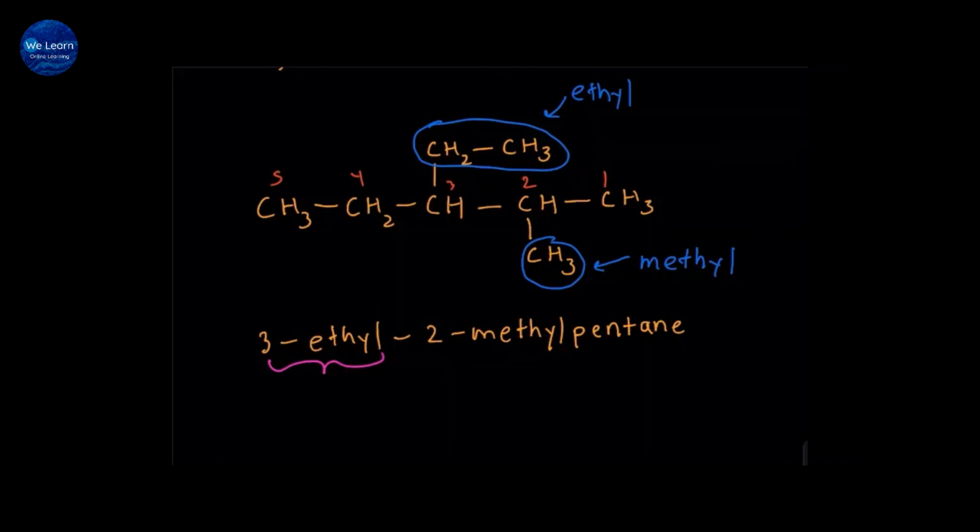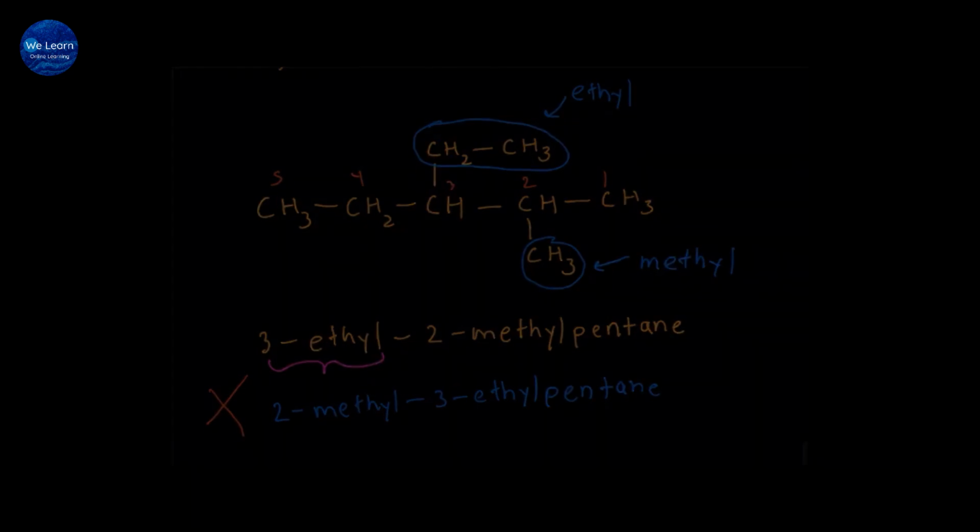When we have multiple prefixes, we want to order them alphabetically. So for the name where we have methyl in front of ethyl, that's wrong. I'm sorry, I don't make the rules. IUPAC rules, so we're obliged to follow them. They might seem tedious at first, but with a bit of practice, you tend to notice the pattern. So that's it for this video.